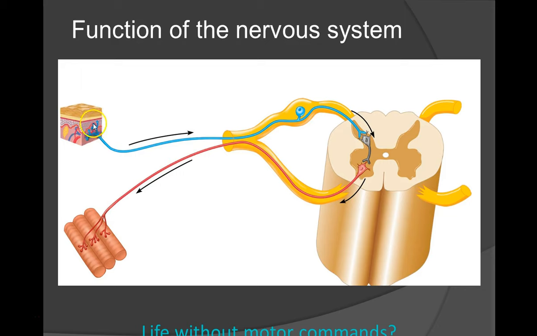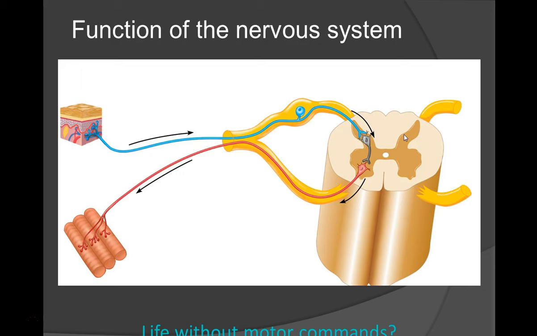There are going to be receptors right here, and they are going to send an electrical signal down this nerve cell, down this neuron, and it's going to go first to the spinal cord, and if we go up this way, it will even reach the brain. The brain, or sometimes just the spinal cord, we'll talk about those differences, will process that information, and it's going to do something about it.